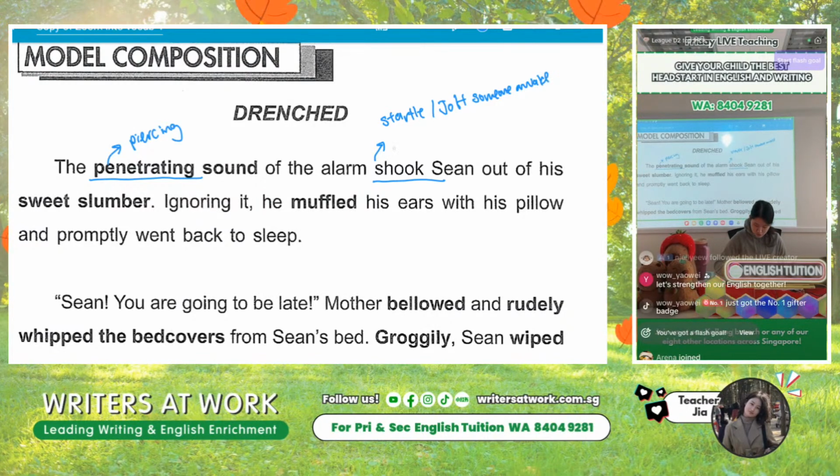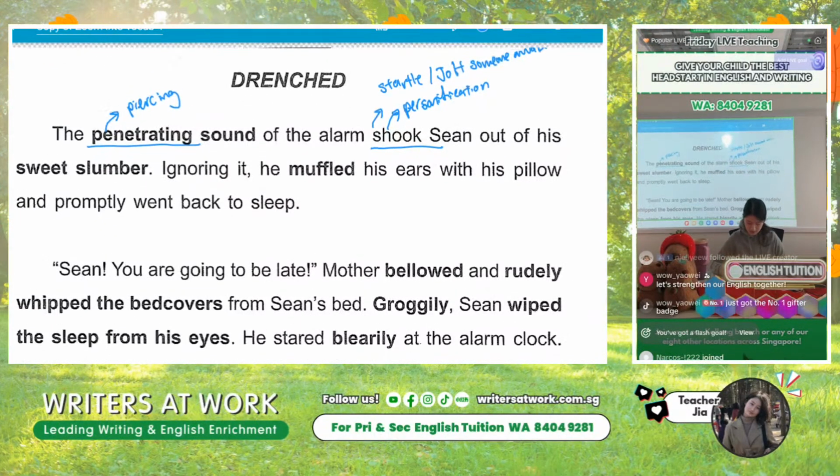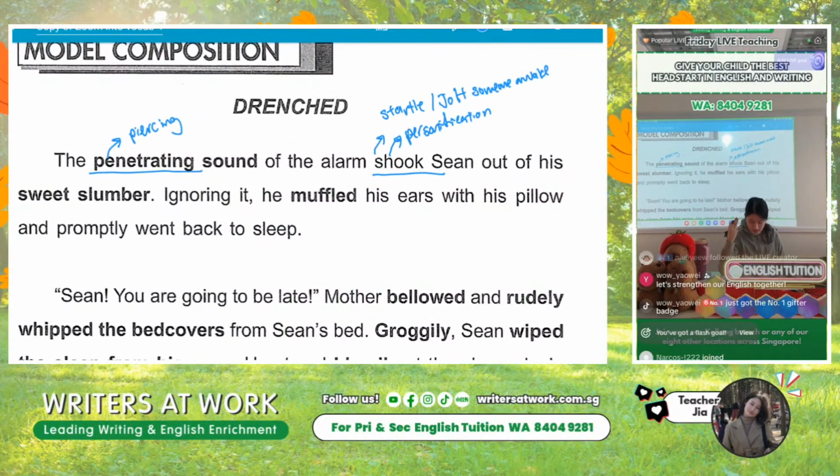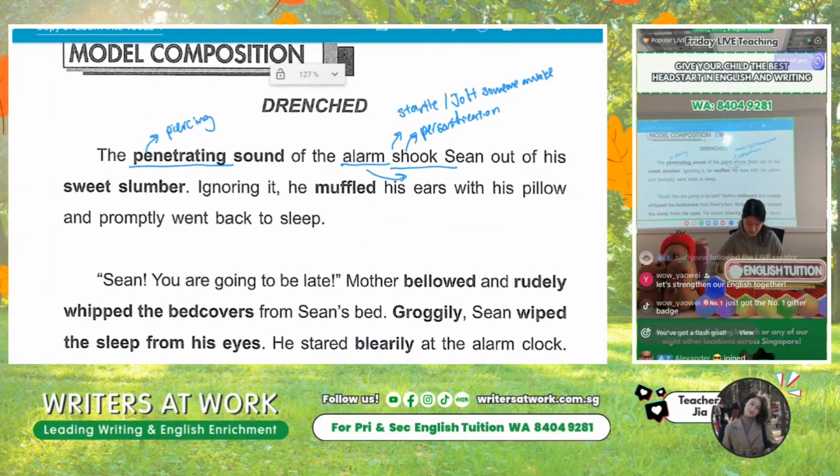It is also the use of personification, because an alarm can't shake anyone awake, but you're giving it human qualities so that you can describe more visually how intrusive the alarm was.